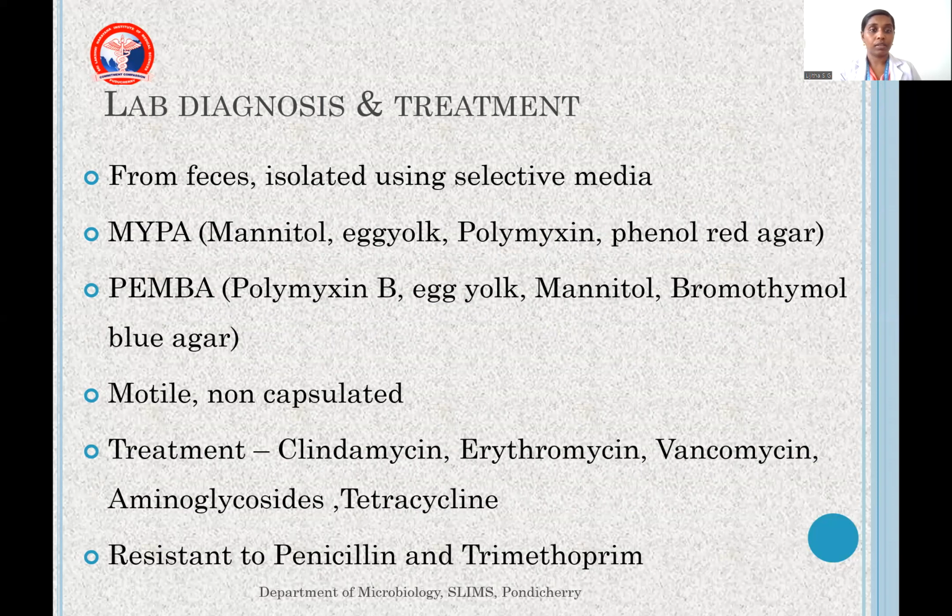So these two are the selective media for Bacillus cereus. It is motile, non-capsulated, and usually sensitive to clindamycin, erythromycin, vancomycin, aminoglycosides, and tetracycline. So these are the treatment options, and it will normally be resistant to penicillin and trimethoprim.